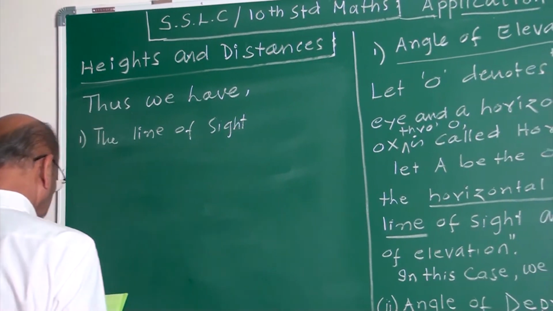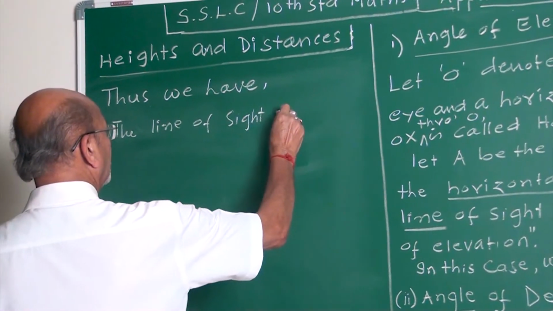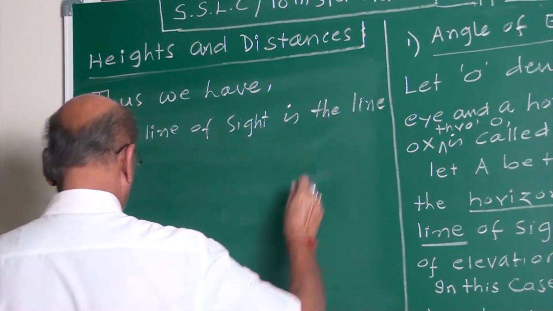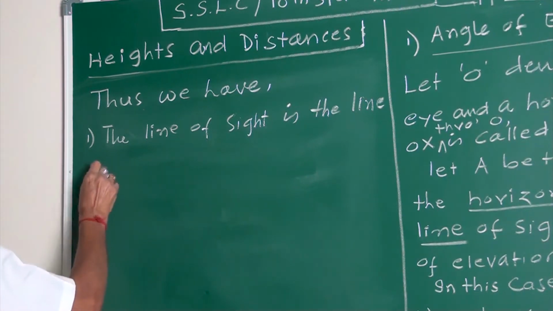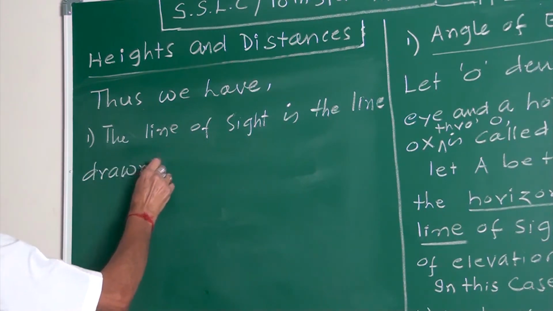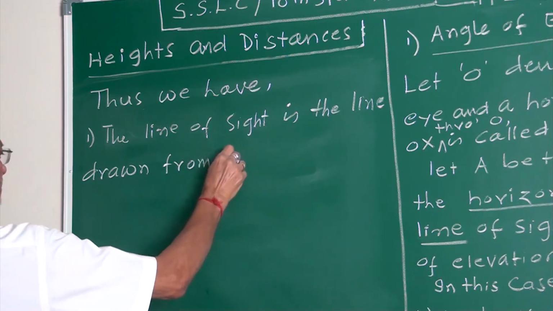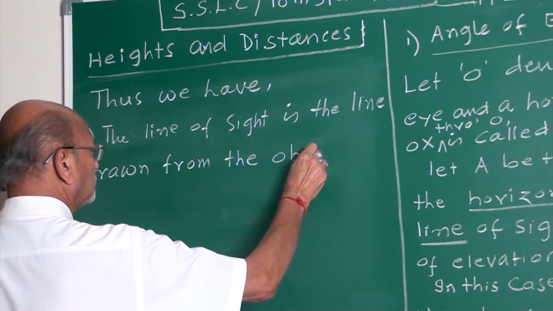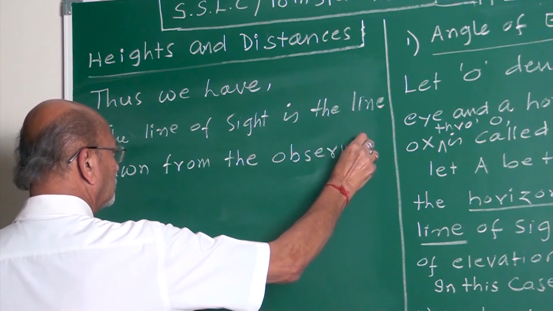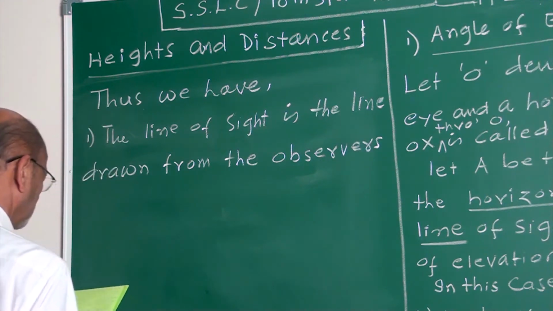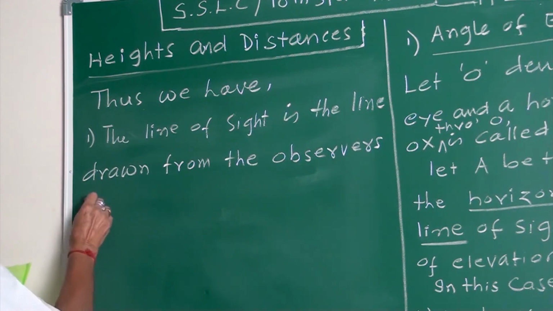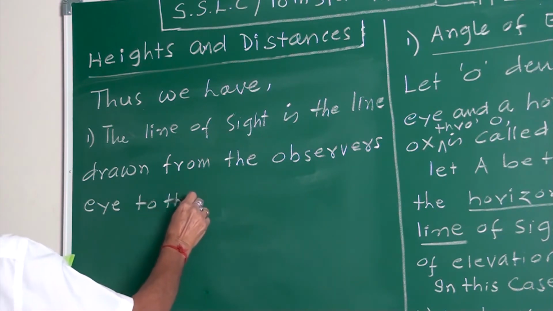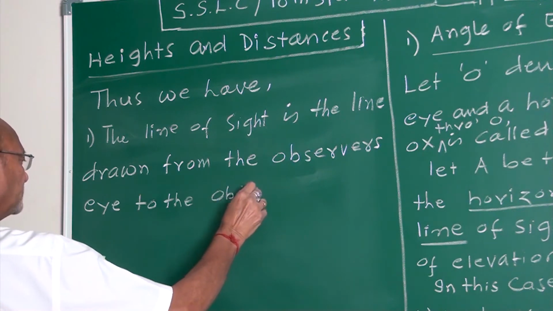Line of sight is the line drawn from the observer's eye to the object, where the object is either above or below.